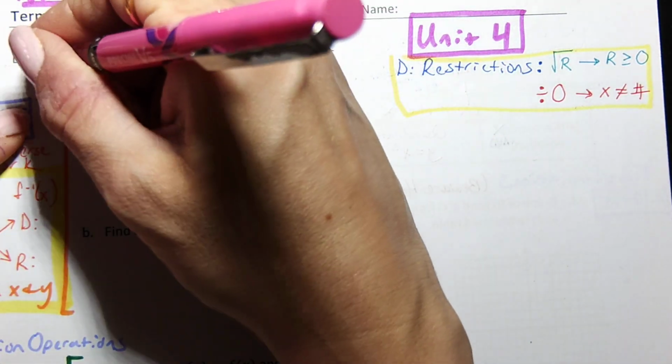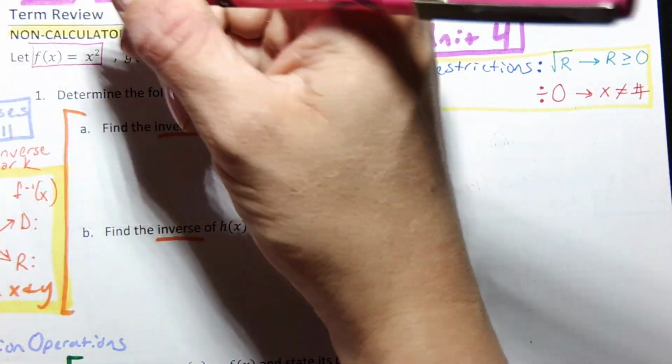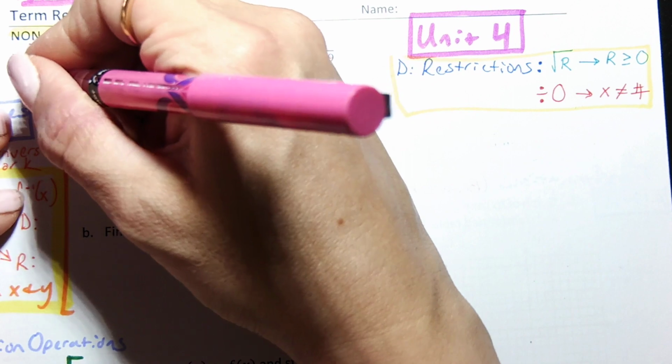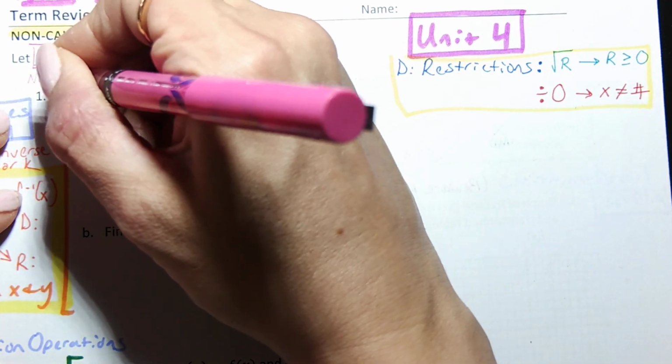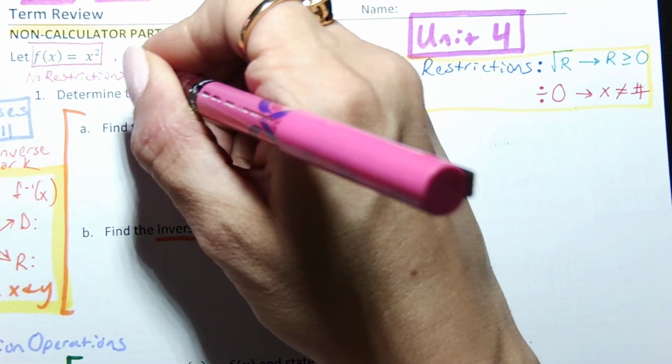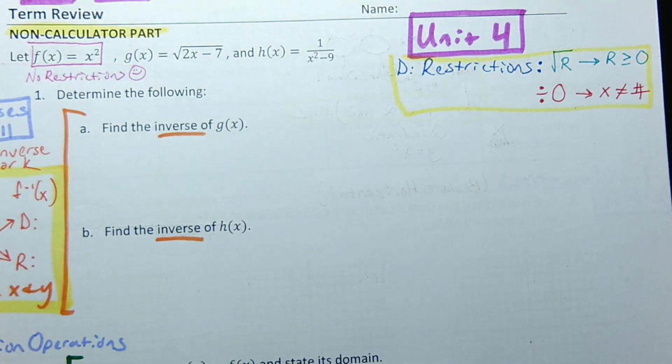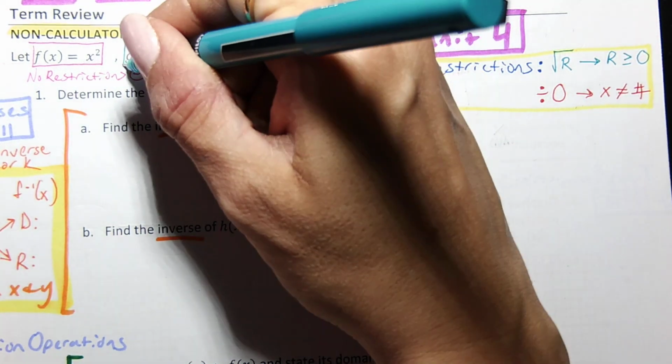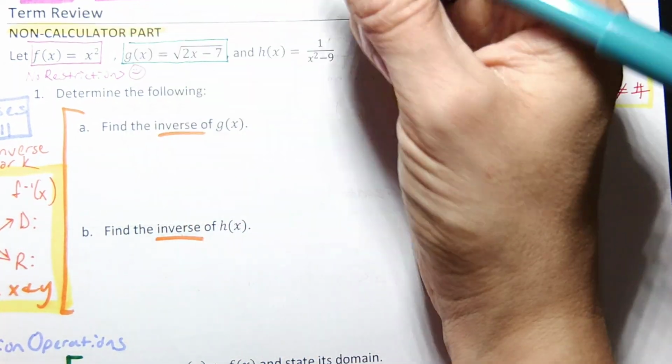So I've got a quadratic. No restrictions. Nope, we're not going to write the domain. Domain would be all real numbers. Going to write no restrictions. Happiness. How about that square root? Restrictions? Yeah. So we're going to take the radicand, which is 2x minus 7.